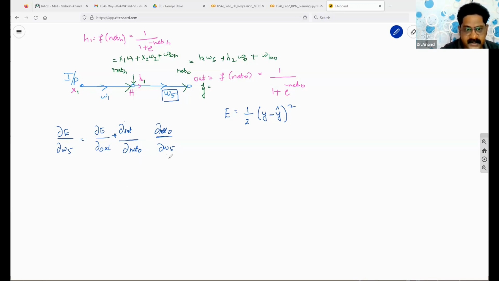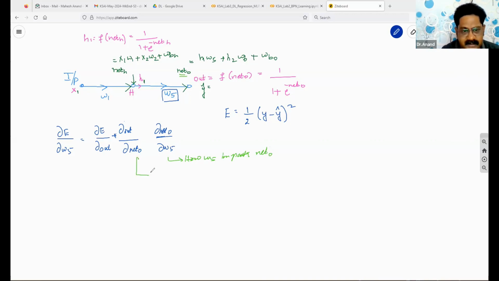So what is the meaning of this? We break it down into three components. First, how W5 impacts. W5 is directly impacting net at O, right? The meaning of this term is how W5 impacts the net value at the output.